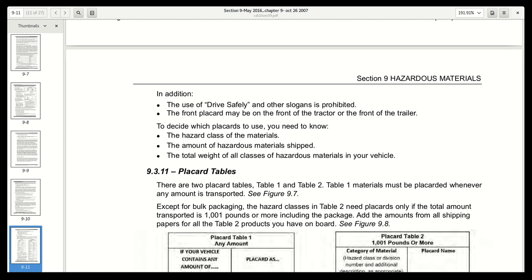To decide which placards to use, you need to know the hazard class of the materials, the amount of hazardous materials shipped, and the total weight of all classes of hazardous materials in your vehicle. So you need the hazard class, amount, and total weight.